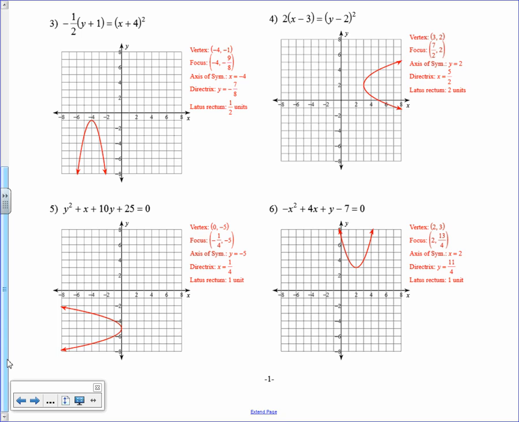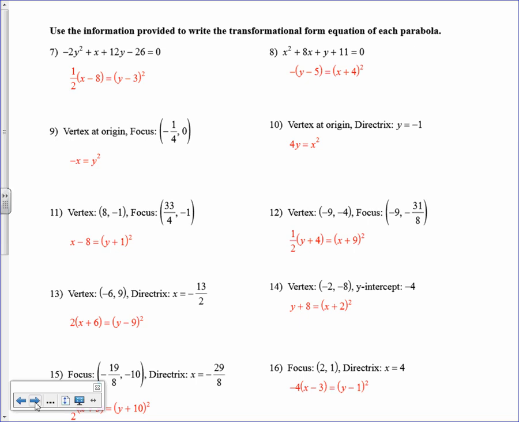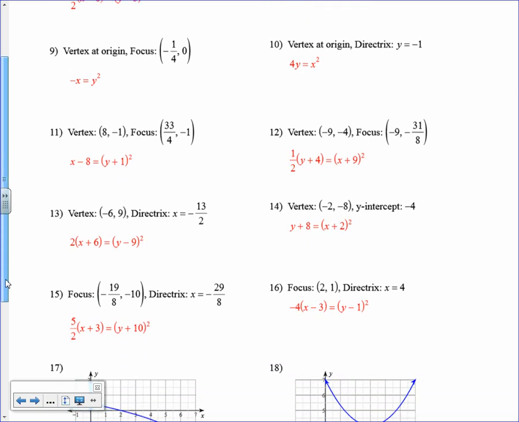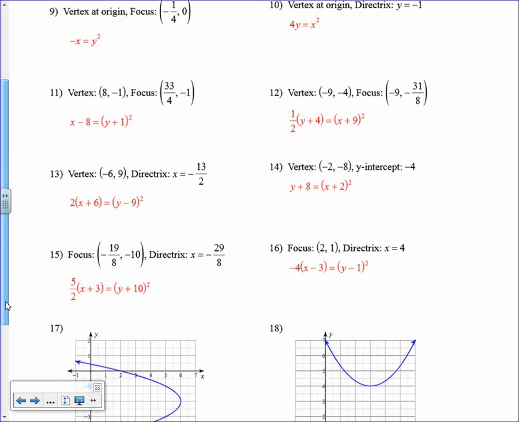And then on the back, 7 and 8, you are supposed to complete the square to write things in general form or standard form. Then 9 through 16 gives you a variety of pieces of information, and you're supposed to write your equation from there.